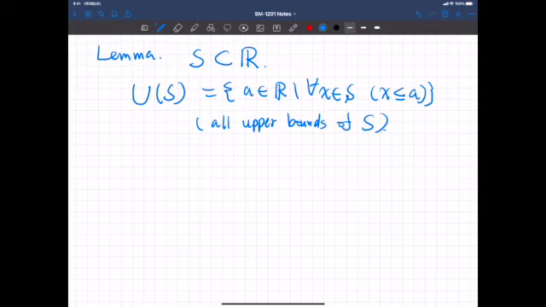So any element of this set U of S is greater than or equal to any of the elements of S. So each of A's here is an upper bound of S.